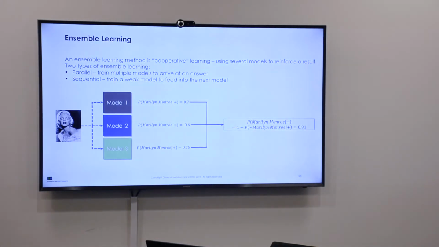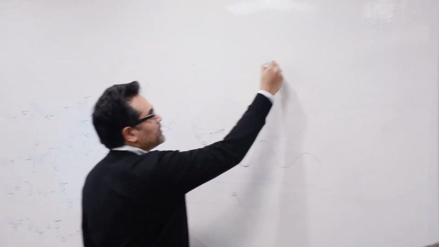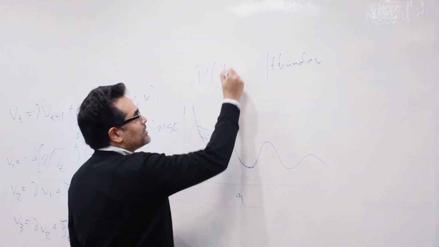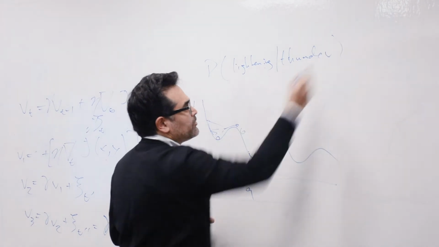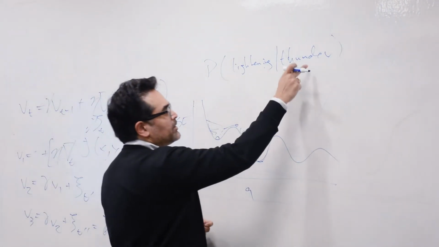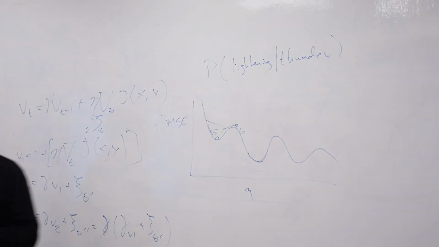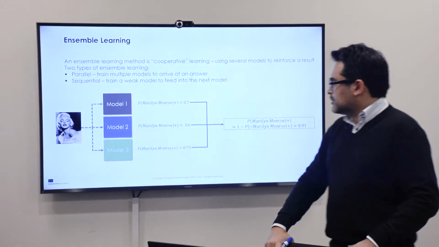So the probability that, given that there's thunder, there's lightning somewhere? That's probably very close to 1 at that point. But this is the way to read it: given this is happening, what is the probability that that is happening? It doesn't necessarily imply causality. It just says that there's a connection between them.